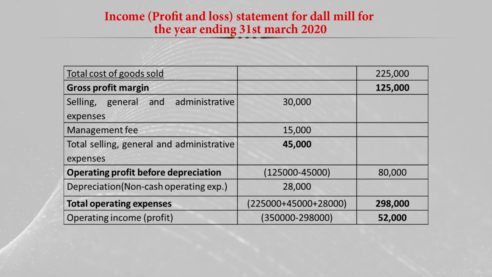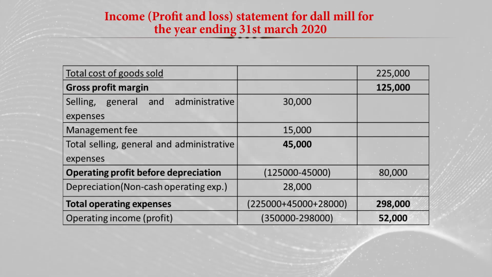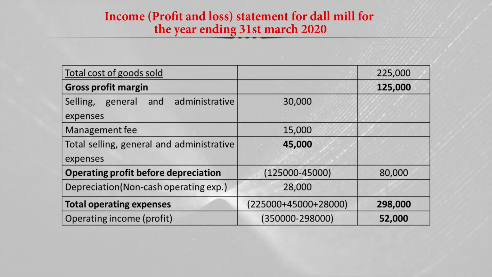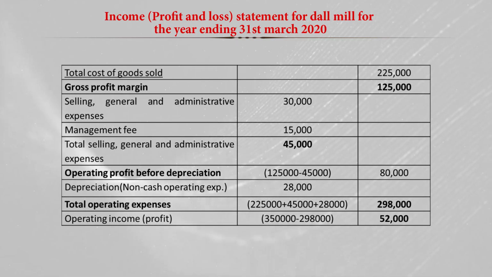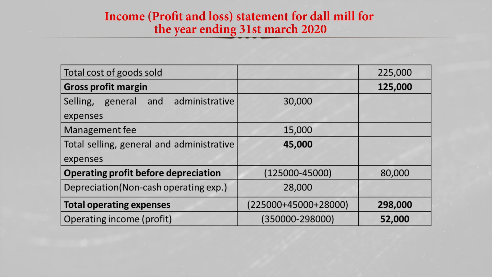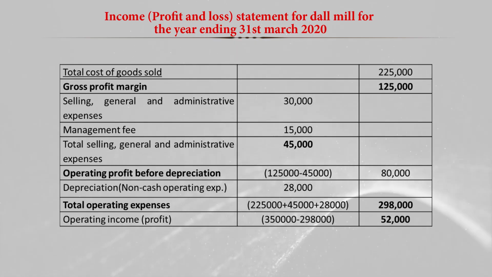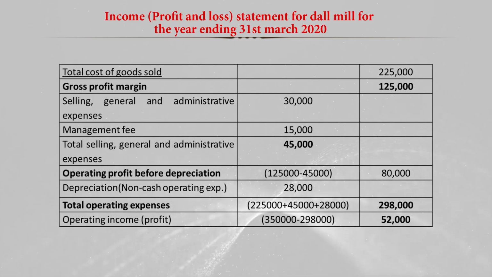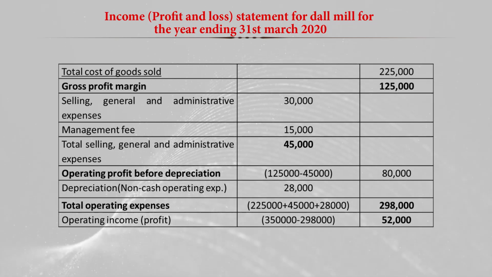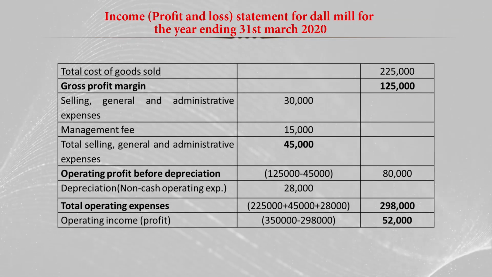So total operating expenses comes to 2,25,000 plus the 45,000 for selling cost, plus 28,000 as depreciation cost. So total operating expenses is 2,98,000, and the operating income, or operating profit, is 3,50,000 minus 2,98,000, so it comes to 52,000.